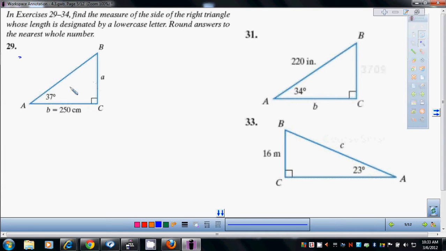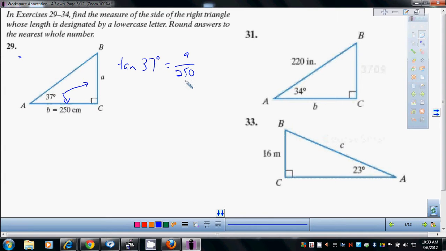There you go. Opposite and adjacent. That's right. Which trig function uses those? Tangent. You're getting those 2 mixed up. So tangent of our angle equals opposite over adjacent.